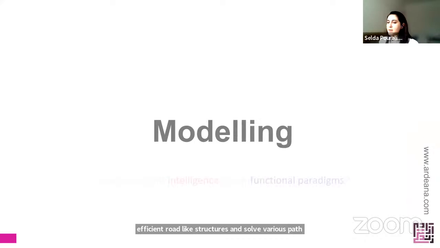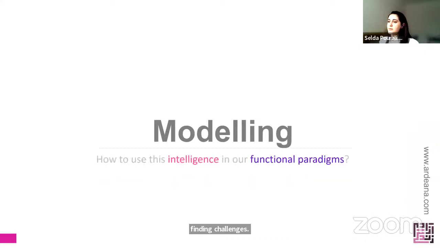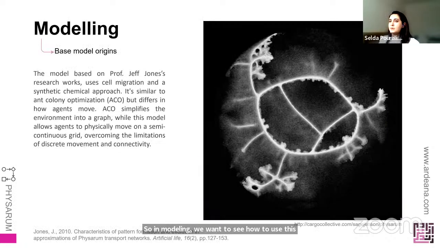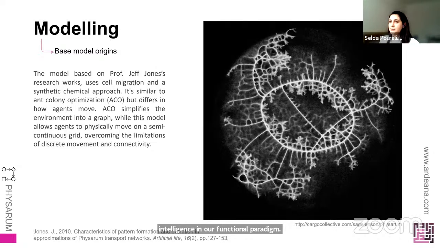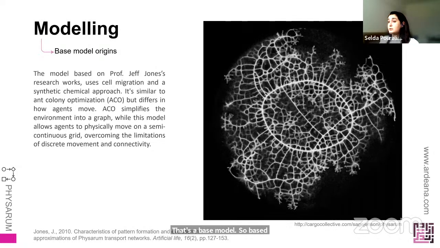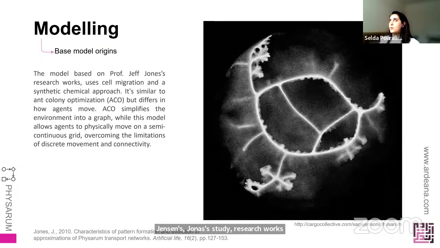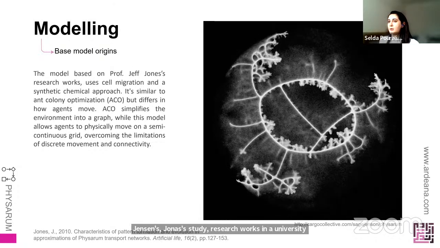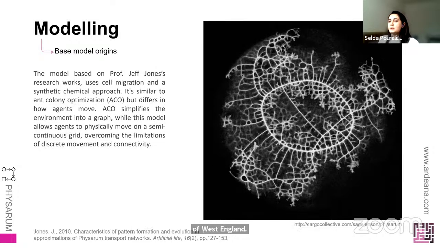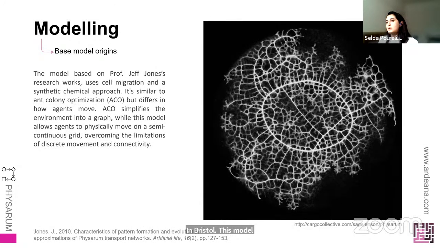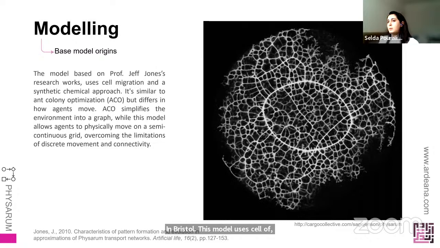So in modeling, we want to see how to use this intelligence in our functional paradigm. As a base model, based on Professor Jeff Jones's research at the University of West England in Bristol, this model uses cell migration and a synthetic chemical approach.